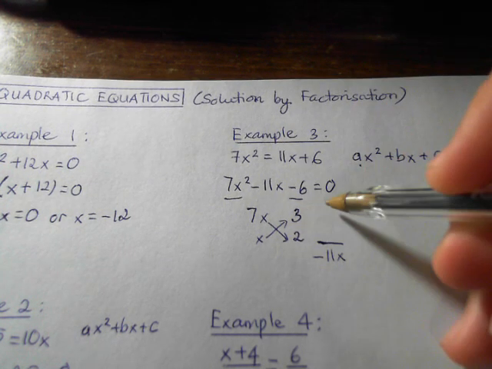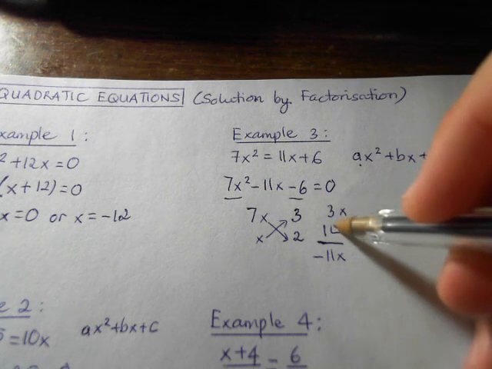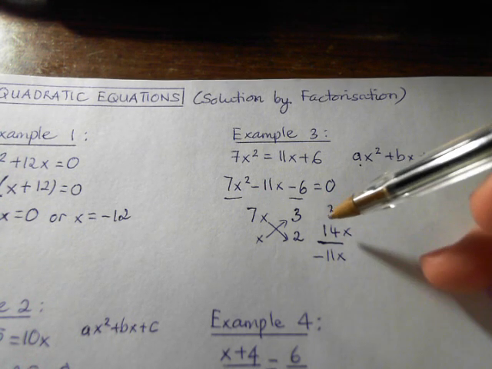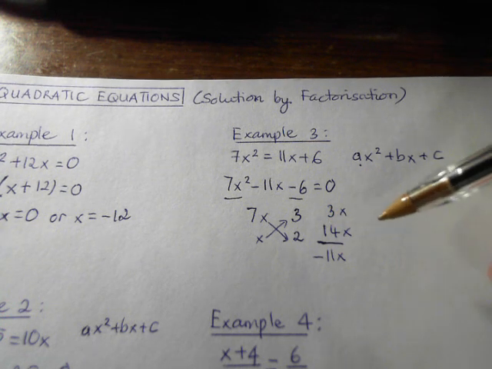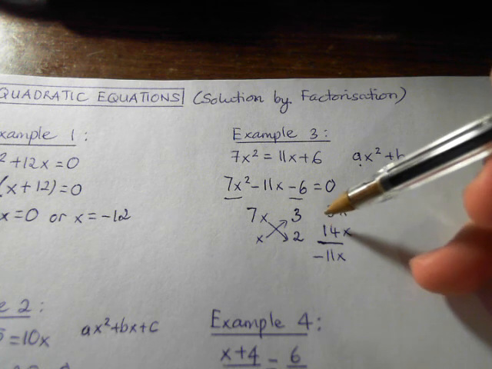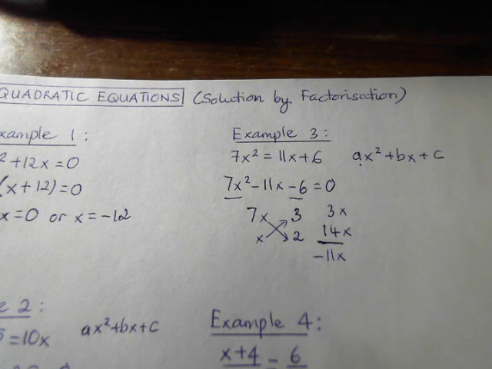So 3 and x will give you 3x, and 7x multiplied by 2 will give you 14x. Okay, so now we have 3, 14 and also minus 11. We'll have to think of what sign is suitable to place at 3x and 14x to get minus 11x.